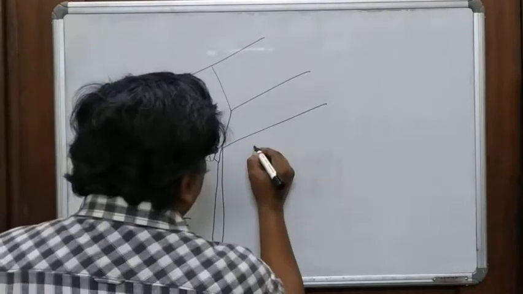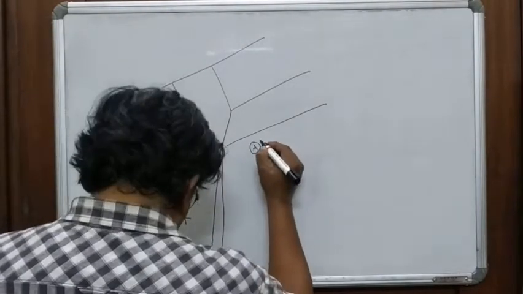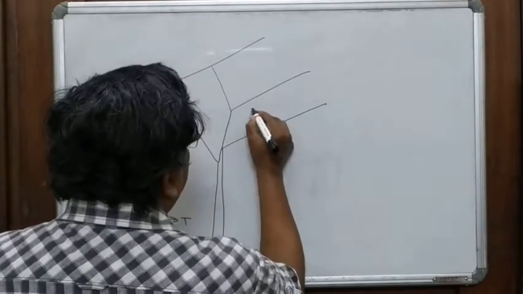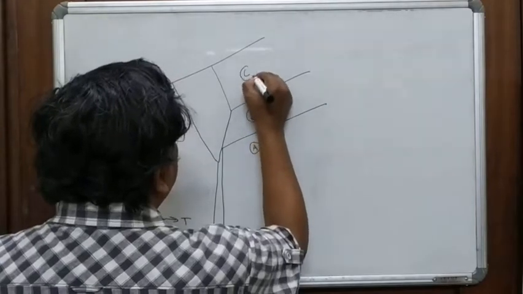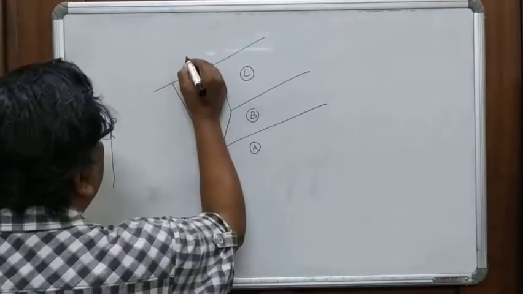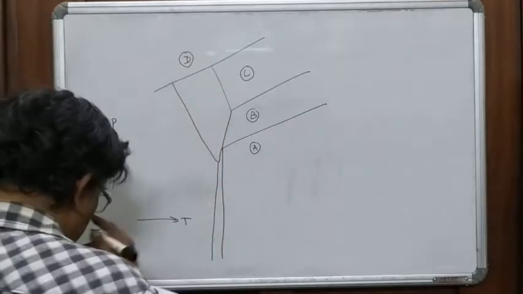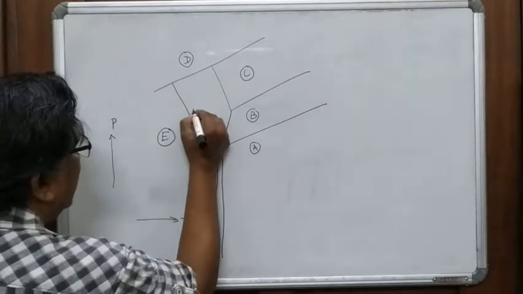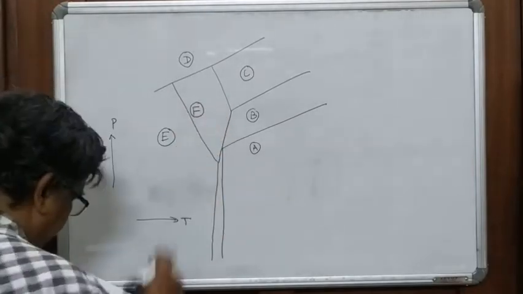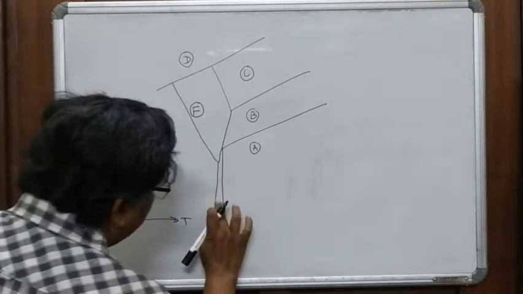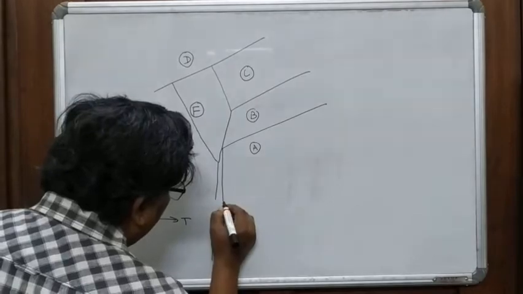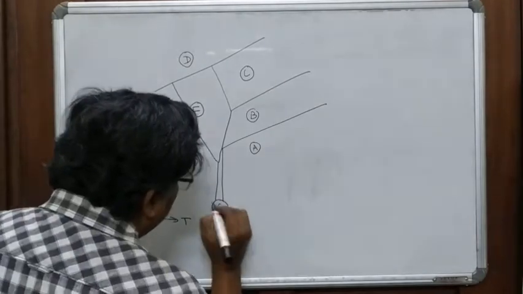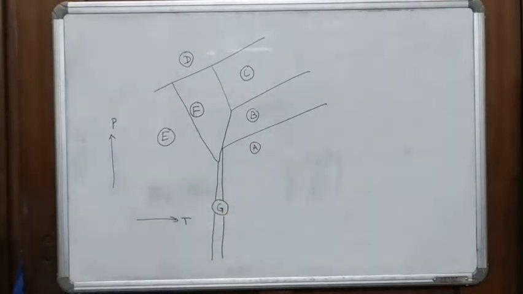Here. So we have A, B, C, D, E, F, and here we have something called G. These are different phase boundaries.